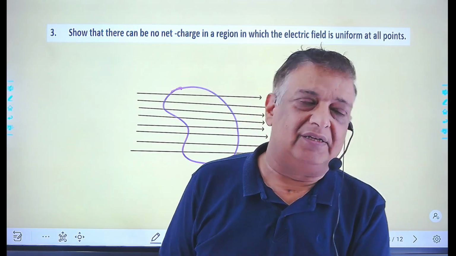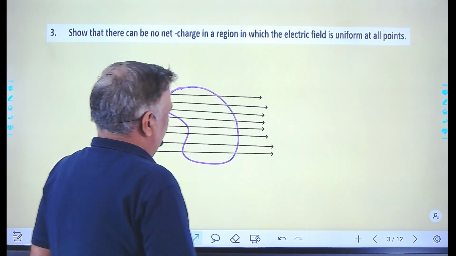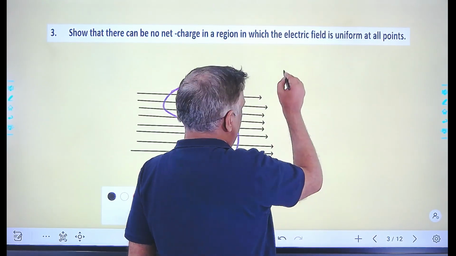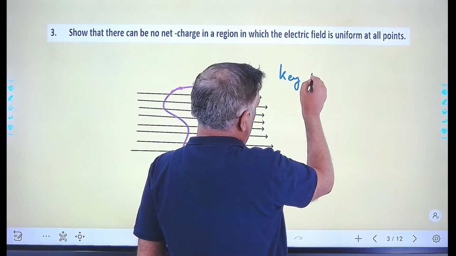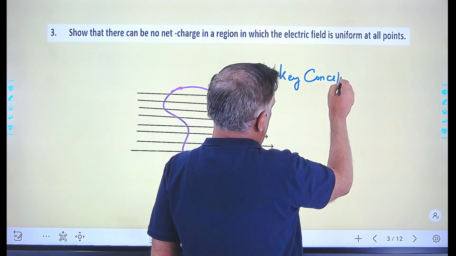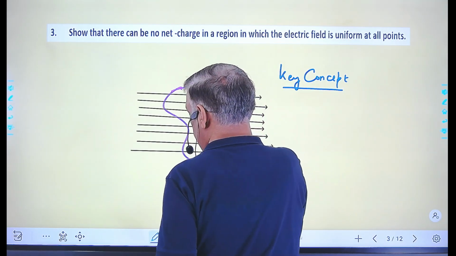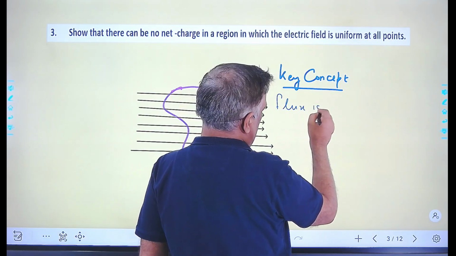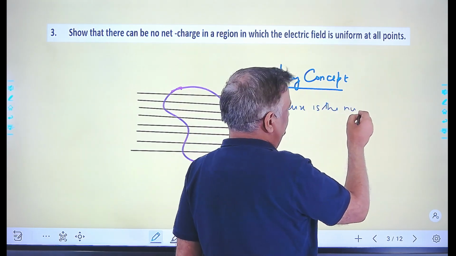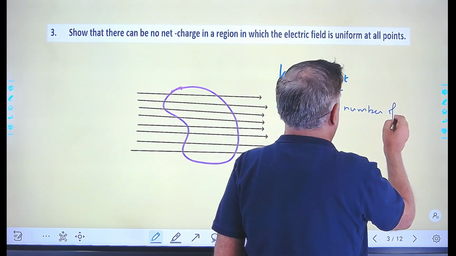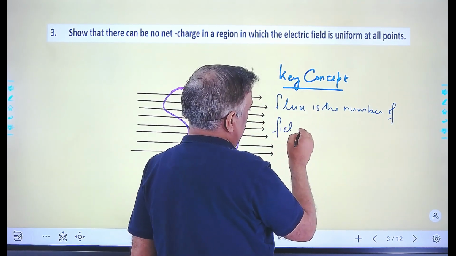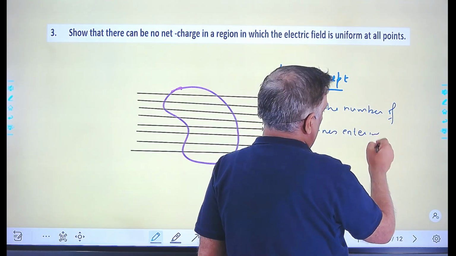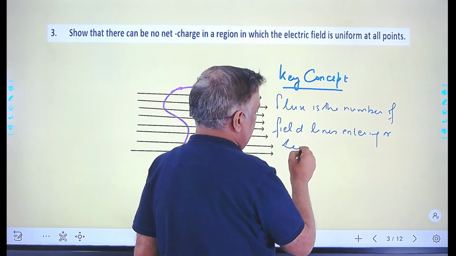So it's a kind of theoretical question where we use the concept that flux is the number of field lines entering or leaving a closed surface.